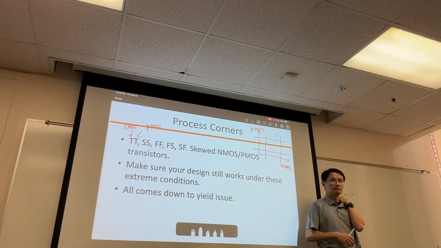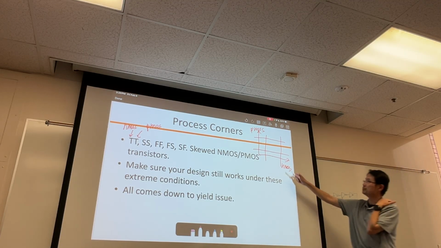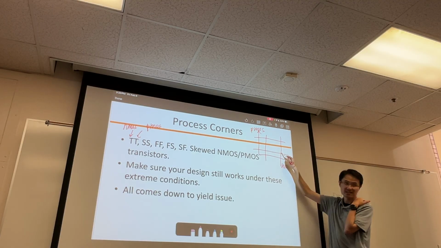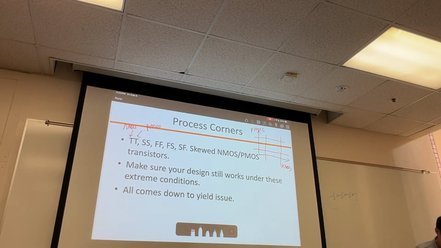Okay, so here's a question: when TSMC manufactures this device for you, would it land at one of these five dots? It will be somewhere in between, right? So it'll be more like this, and hopefully most of them will center in the middle, but then some can be outliers.